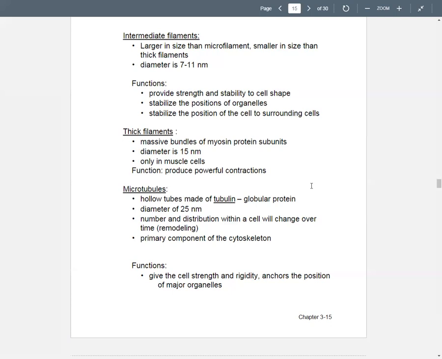Your microtubules are hollow, made up of what we call tubulin, and they have the biggest diameter.